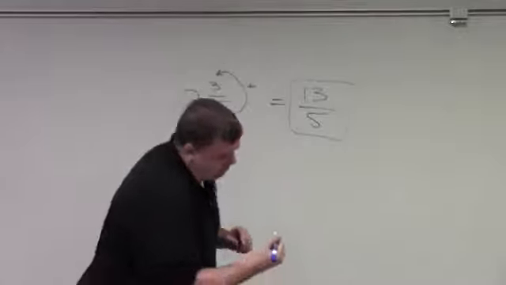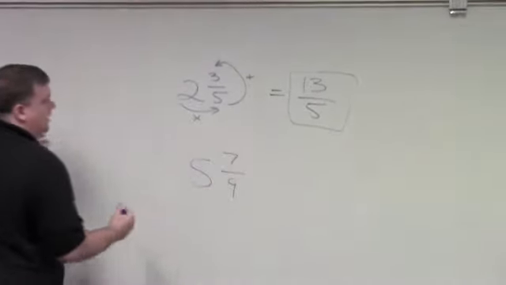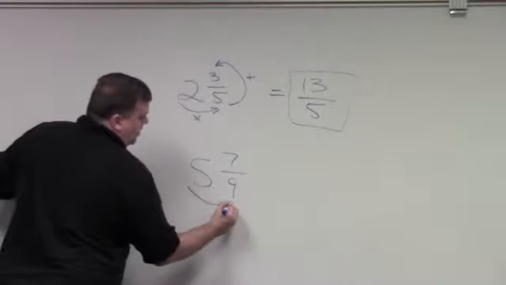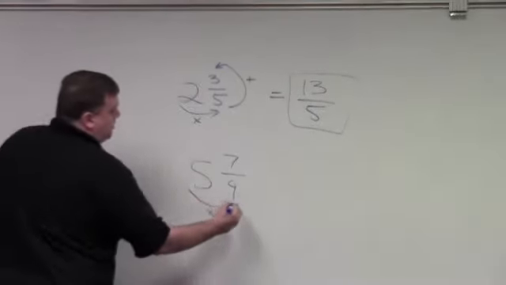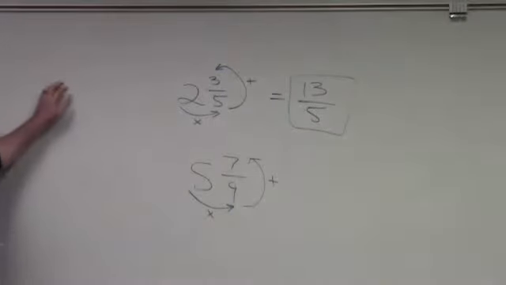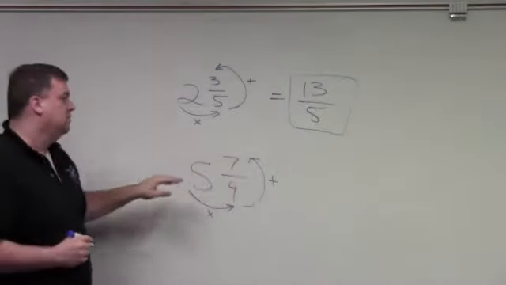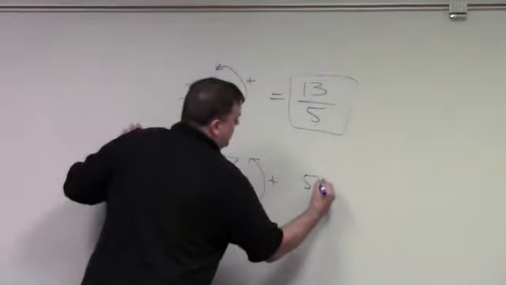So let's try another one. 5 and 7 ninths. We're going to multiply times the bottom and then add the top. So 5 times 9 is 45. We add the 7, 52.